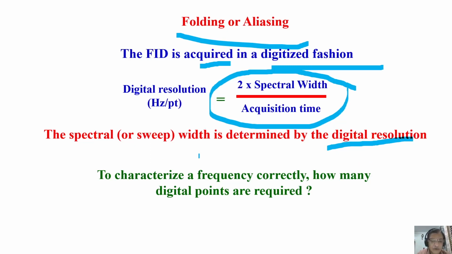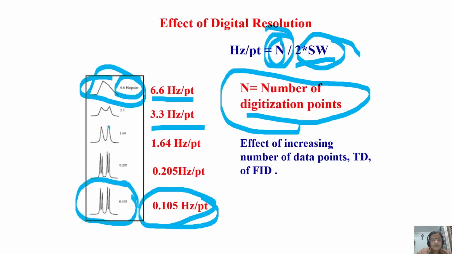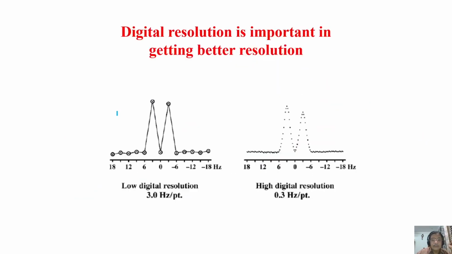Now, the question is, to characterize a frequency correctly, how many digital points are required? For example, in this case, not this one, you look at this one. Here, we have 1, 2, and 3 points to define a peak.